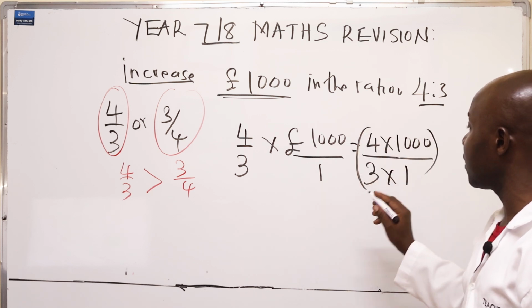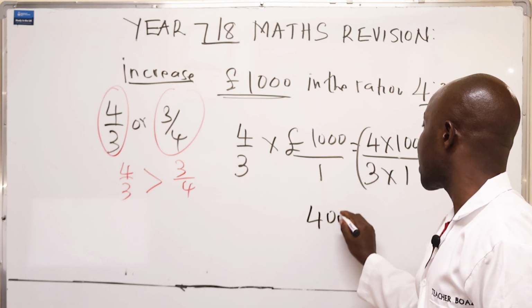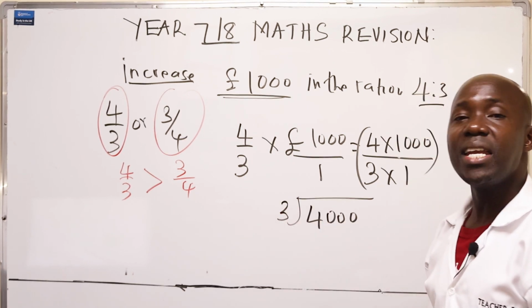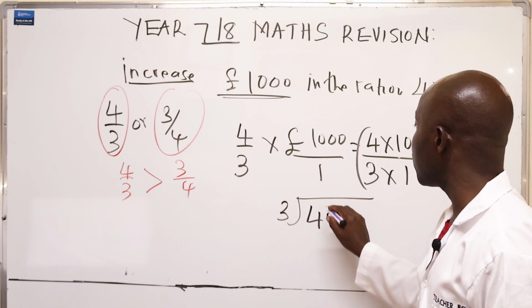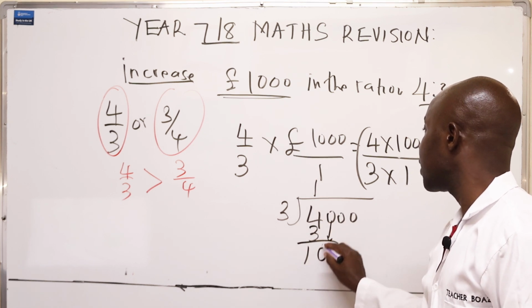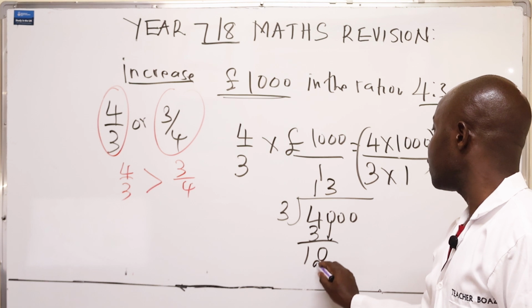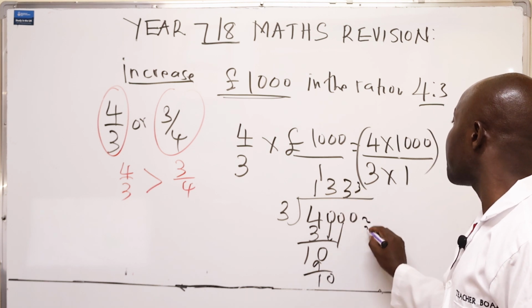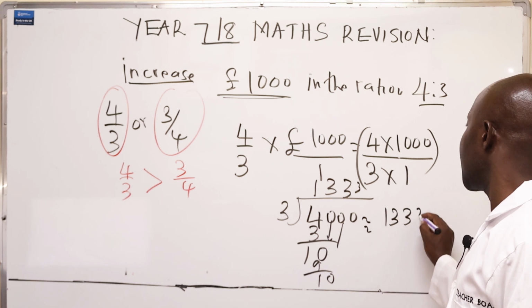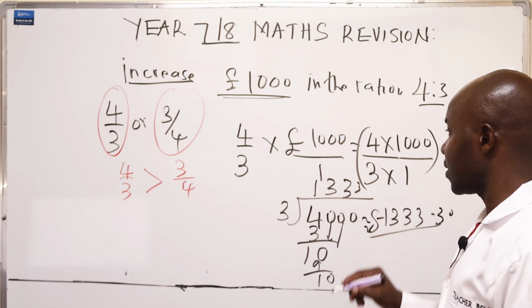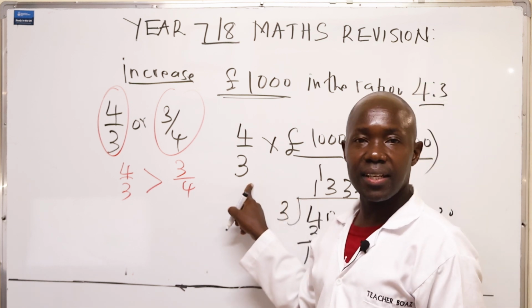When you take 4,000 divided by 3, 4,000 becomes my dividend, and 3 becomes my what? My divisor. Then 3 goes into 4 once, giving me 3. The remainder is 1. Pull down 0. Into 10 it goes 3, giving me 9. I pull down another 0. So 3, 3. So it's approximately 1,333 what? Pounds and 30 cents when you are increasing a certain quantity.